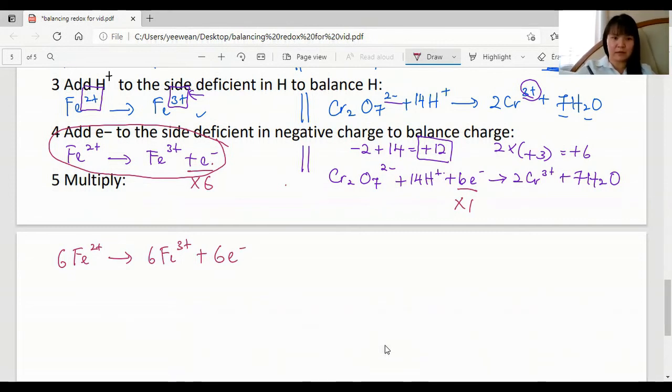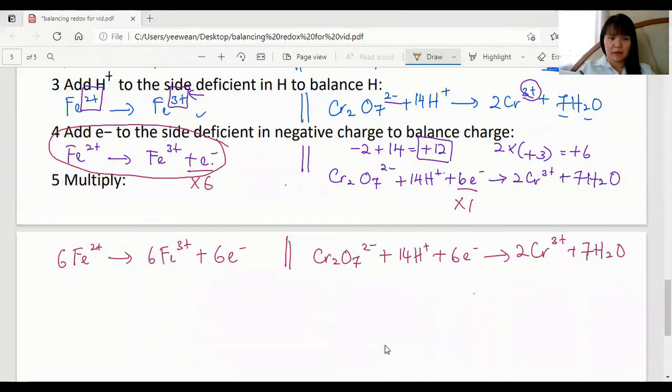The other one is still the same. Always make sure that in one equation the electrons appear on the right, and in the other one the electrons appear on the left, because it means that one threw out the electron and the other one gained the electron. So redox has to be like that. One gives out the electron and the other one accepts the electron.